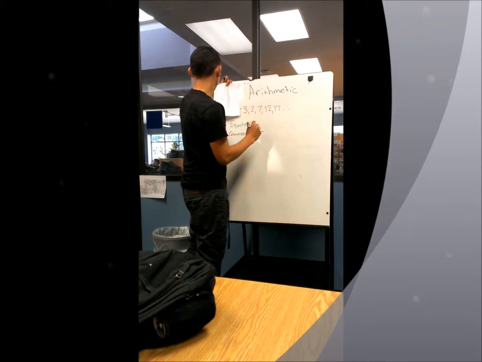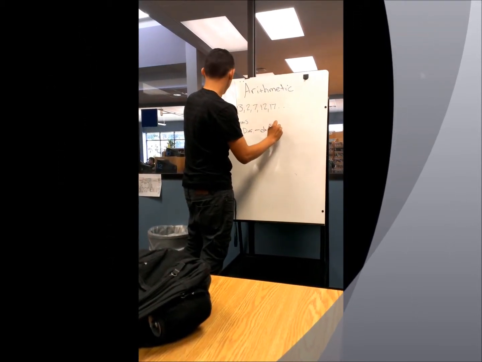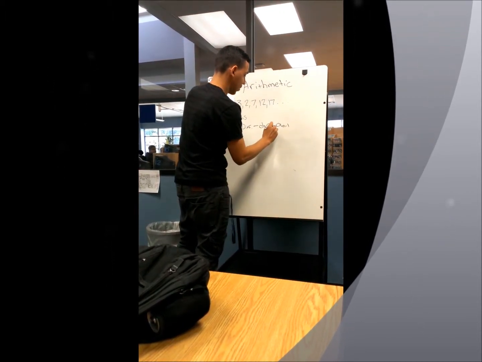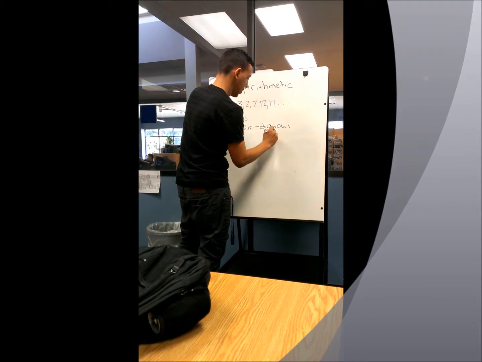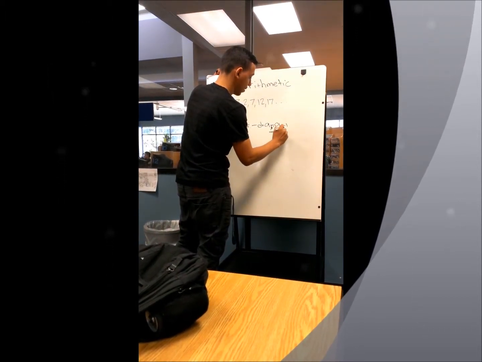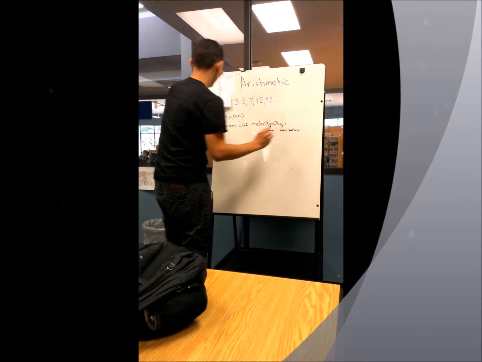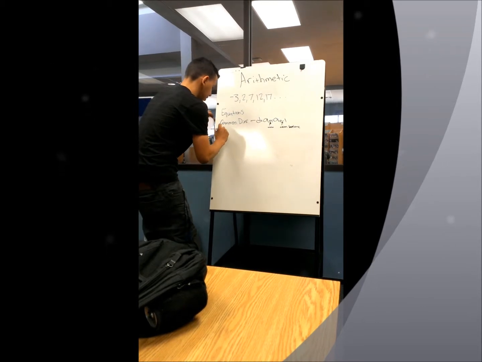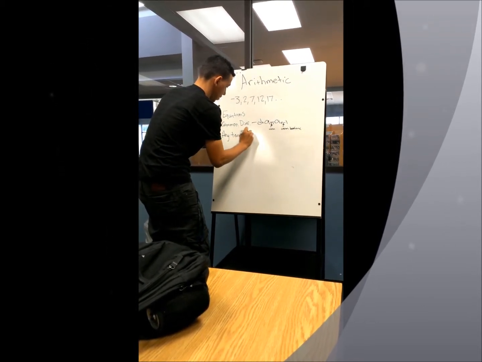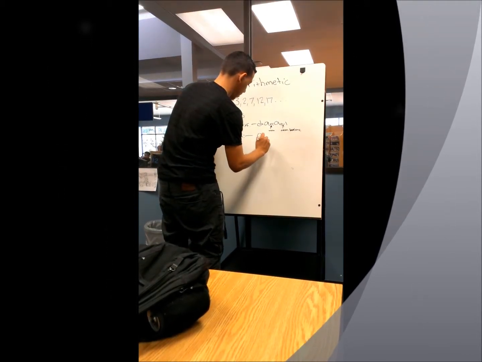And these n's are for the term we're looking for. And this is for the term before. We have an equation to find any of the terms, and remember that's a term.